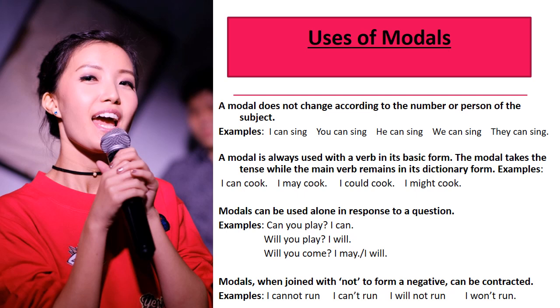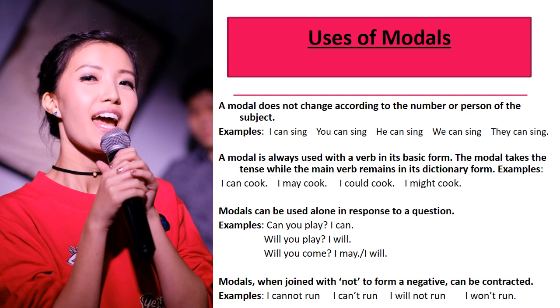They can sing. So here modal does not change according to the number or person of the subject. Here we have used can with all the subjects. I can, we can, you can, he can, she can, they can.